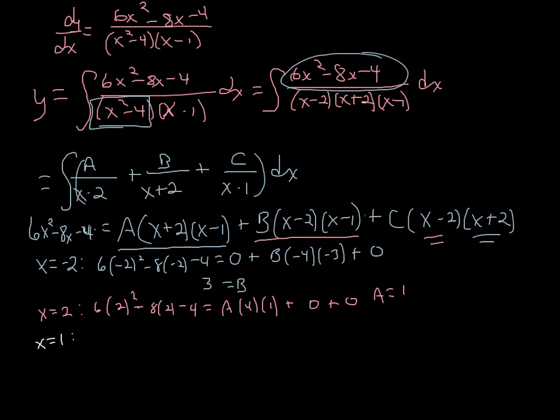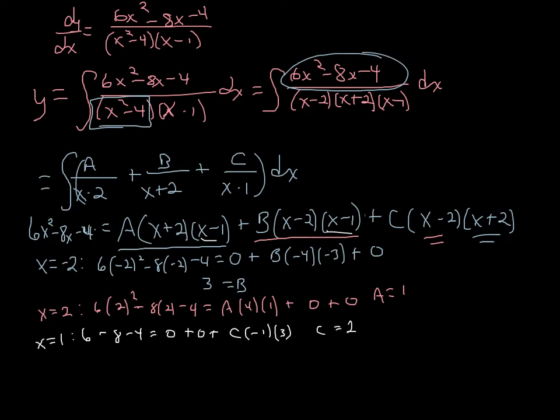So I'm going to choose 1, which makes both A and B go to 0 because of the x minus 1 term. So then I'll have 6 minus 8 minus 4 equals 0 plus 0 plus C times negative 1 times 3. And so then C will equal 2.